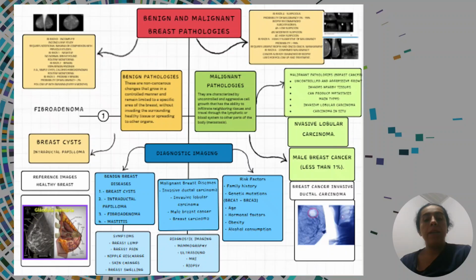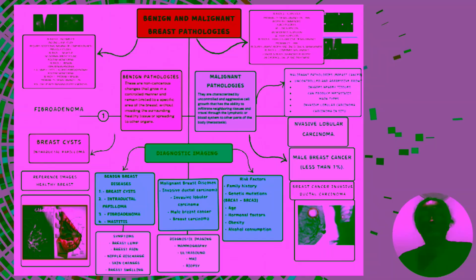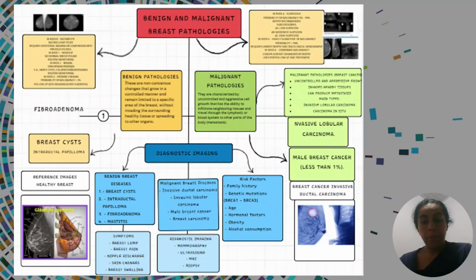Medical imaging techniques are very important for evaluating breast morphology. The most common imaging method is mammography. Mammography allows doctors to observe the internal structures of the breast and detect possible abnormalities.